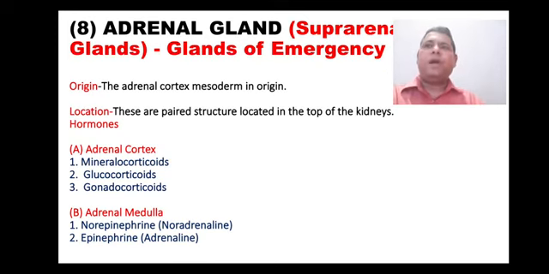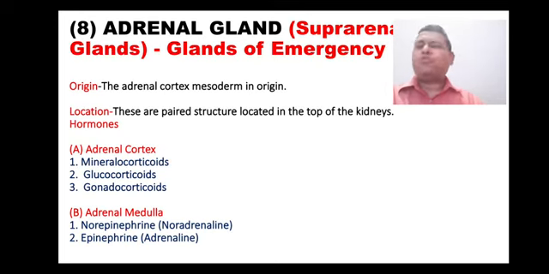Second, zona fasciculata, the middle zone, which is the widest of the three zones. Number three, zona reticularis, the inner zone that constitutes about 7% of the gland.